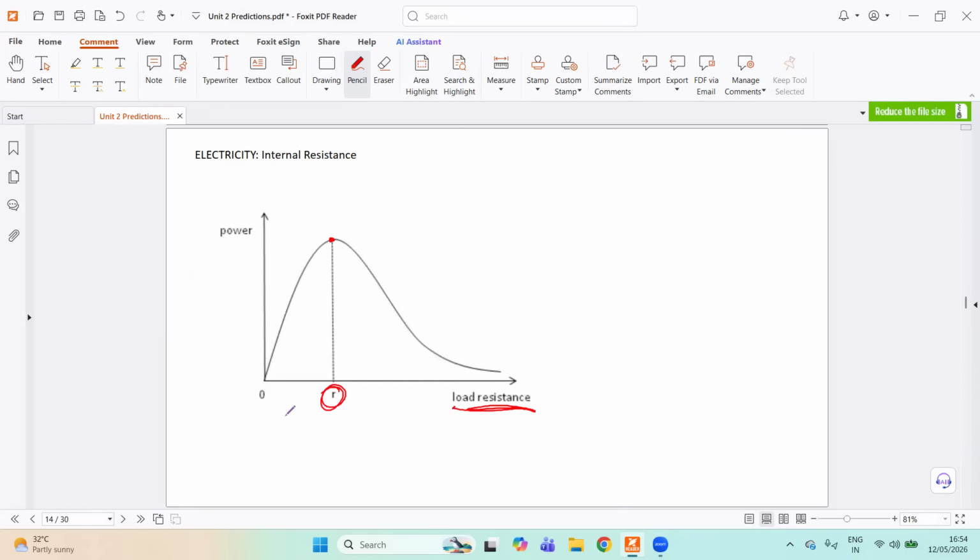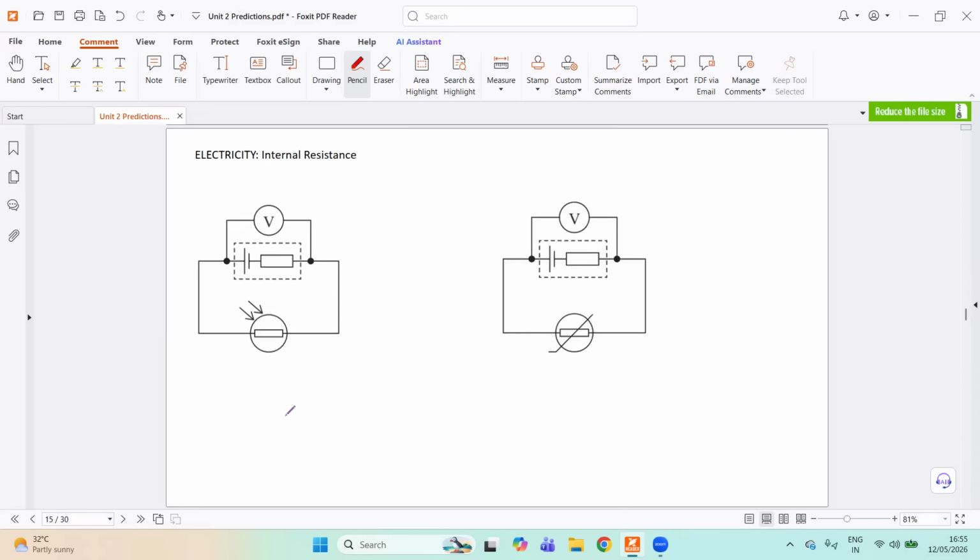And what can also appear is some advanced theoretical concepts of internal resistance. Instead of a variable resistor as the load resistor, you can have an LDR and you can have a thermistor as well. So the trigger for LDR and the trigger for thermistor will definitely be different. For the LDR, the trigger is light intensity.